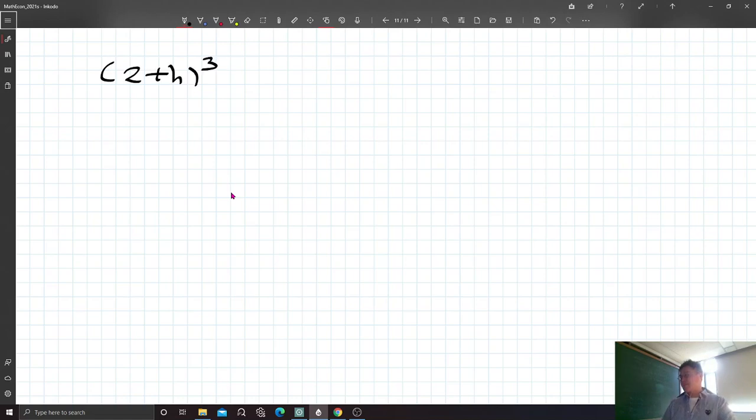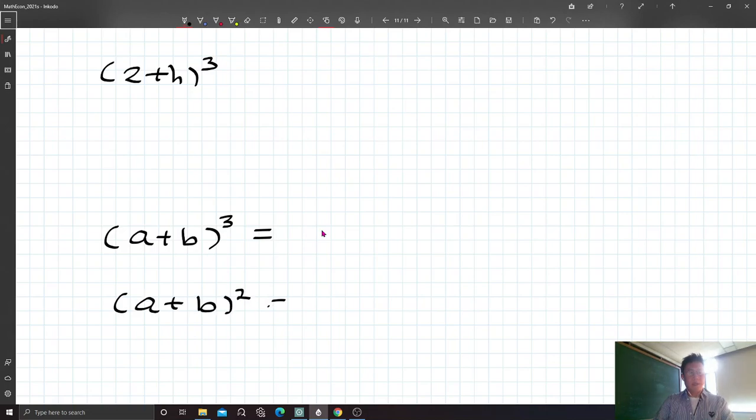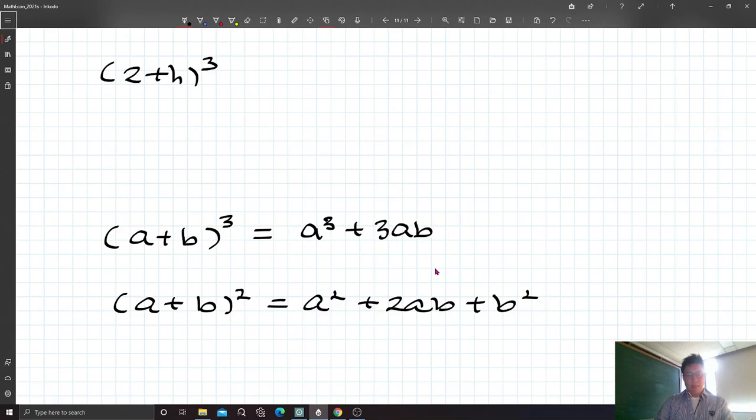I'm not sure if you guys remember this formula. We have (a plus b) cubed, and there is a nice formula for how to expand this expression. I think you guys know that for (a plus b) squared, the expansion is a squared plus 2ab plus b squared. And for the power 3, the expansion is going to be a cubed plus 3a squared b plus 3ab squared plus b cubed.